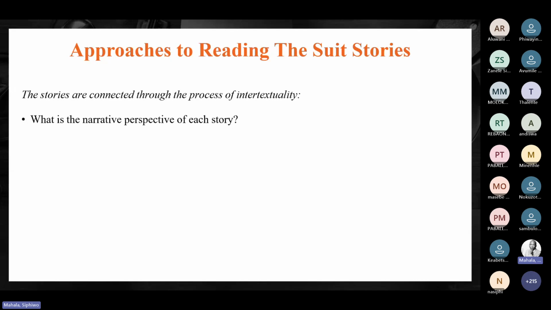So for you to be comfortable with the understanding of how they are related, ask yourself the narrative perspective of each story. Who is telling the story from what perspective? And how are these stories connected to one another?